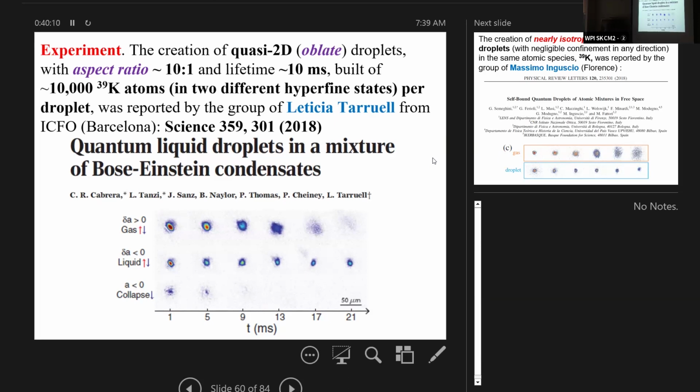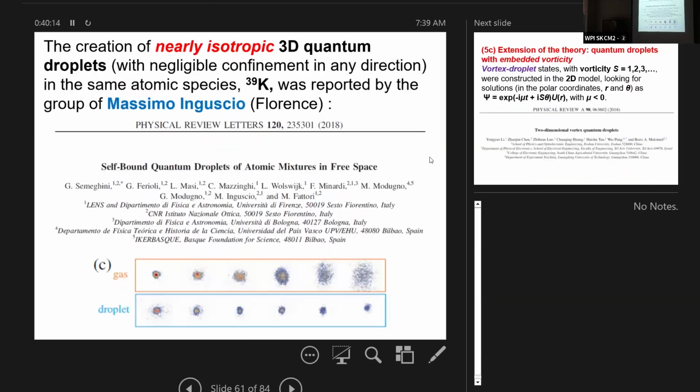However, in another experimental work, it was possible to create a fully isotropic 3-dimensional quantum droplet using the same atomic species, the same mixture of 2 atomic states in potassium. This was an experiment performed by the group of Professor Massimo Inguscio in Florence. And this is another famous image from their work.